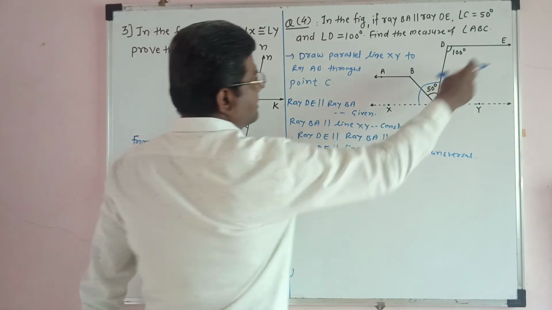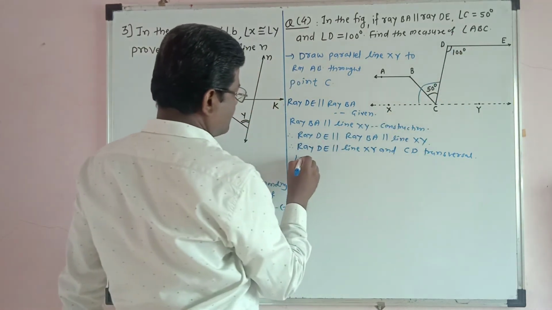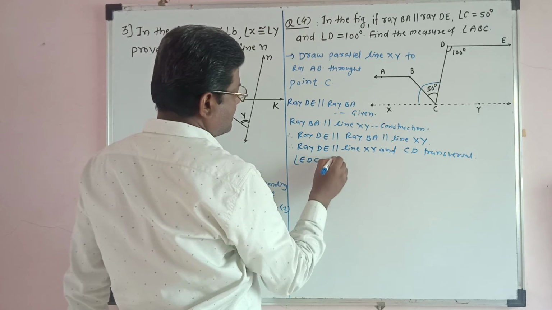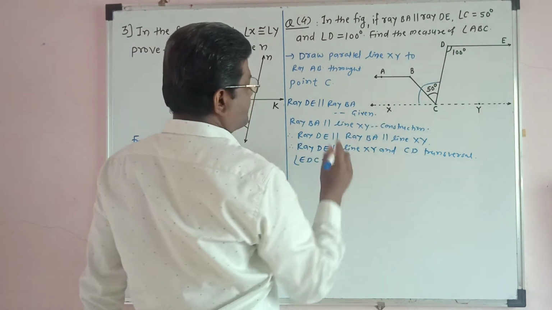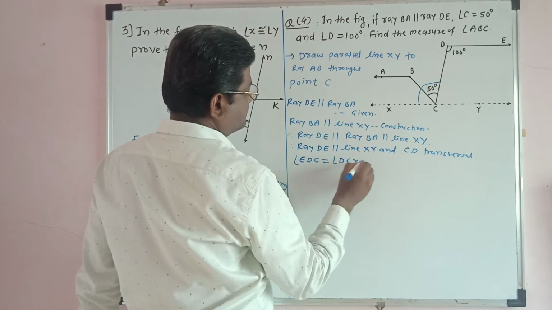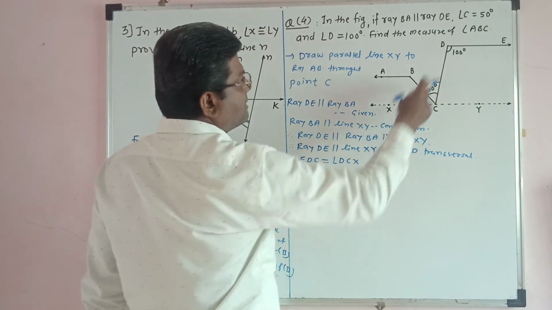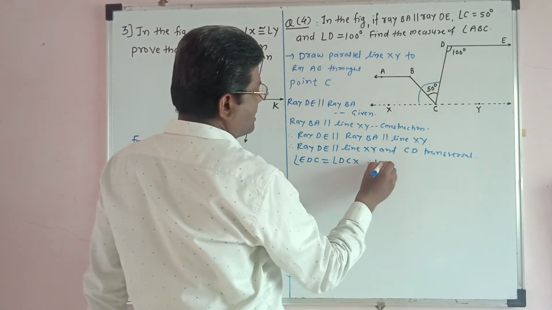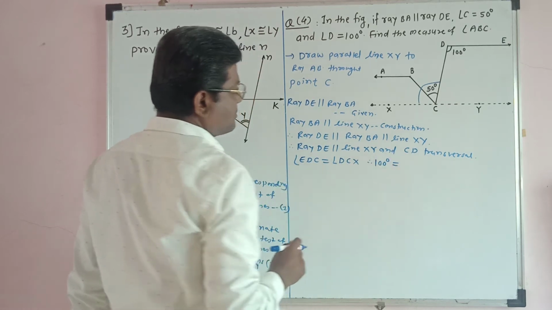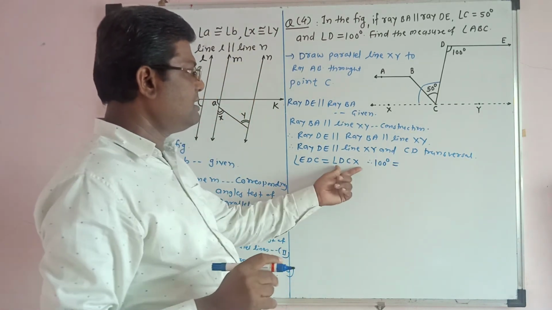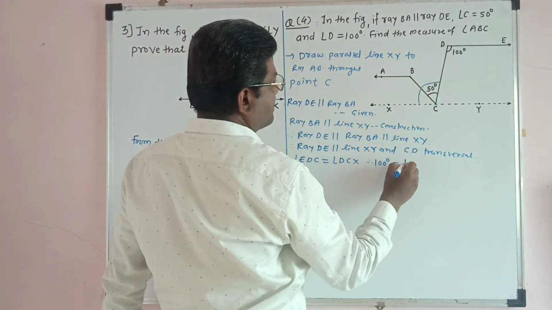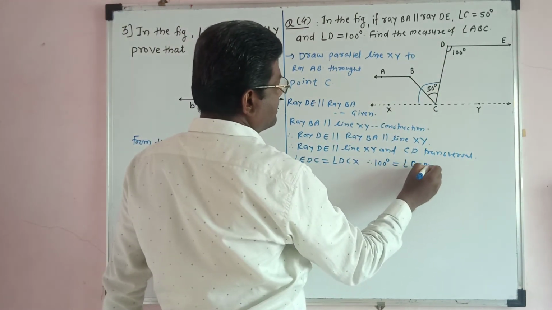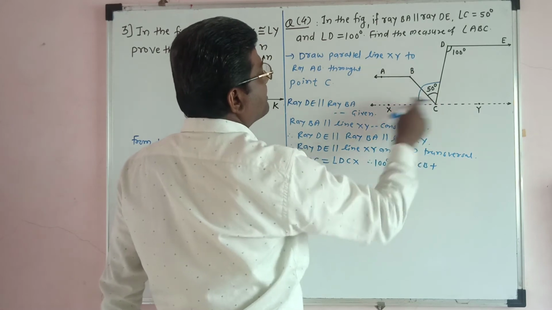Therefore, angle EDC is equal to angle DCX. Therefore, this angle EDC is 100 degree is equal to angle DCX. Angle DCX is angle DCB plus angle BCX.